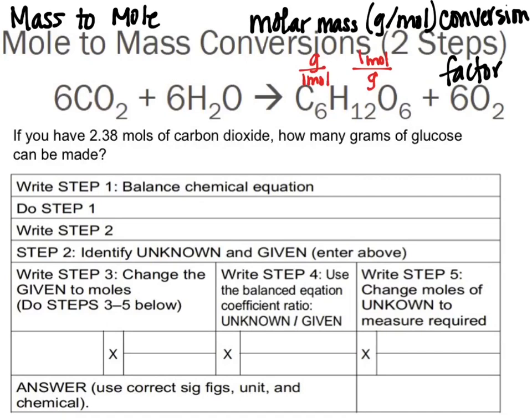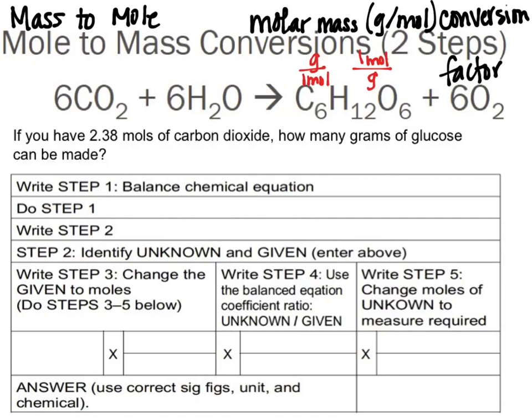So the very first question here, we have 6 carbon dioxides and 6 water. So this is photosynthesis, and we get 1 mole of glucose and 6 moles of oxygen.